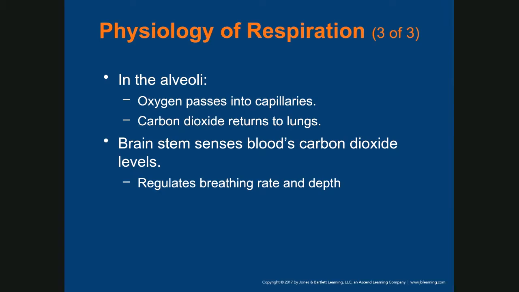It's picking up the carbon dioxide combining with water to form acid, which causes the pH to become more acidic. So that's what the brainstem really picks up, right? Now, if the primary stimulus is not working, then the hypoxic drive takes over, and that functions on low oxygen.